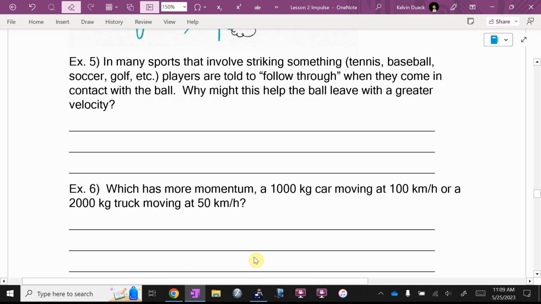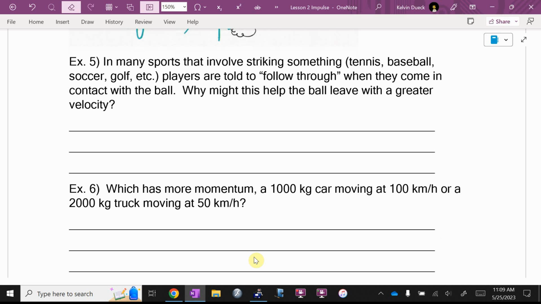In many sports that involve striking something, tennis, baseball, soccer, golf, players are told to follow through when they come in contact with the ball. Why might this help the ball leave with a greater velocity? So let's suppose I've done weights, I've worked out as much as I can, and I cannot exert a bigger force.